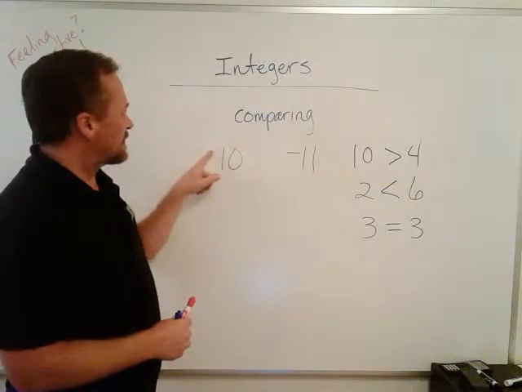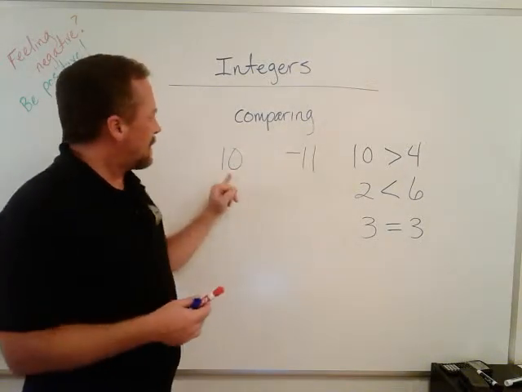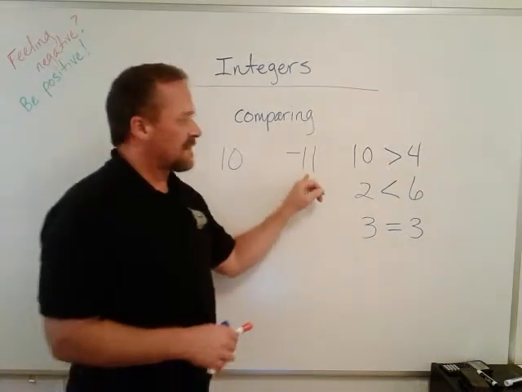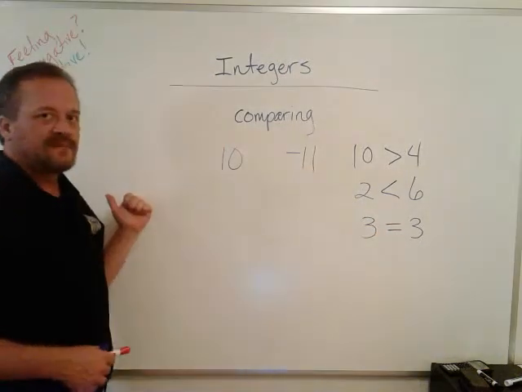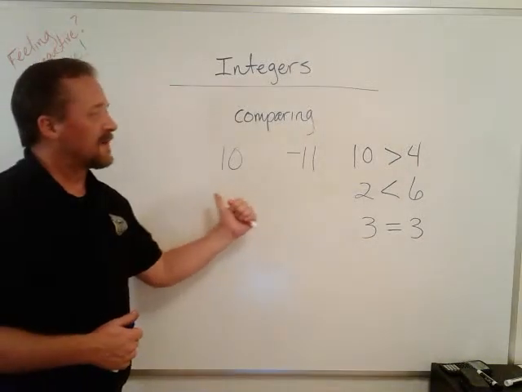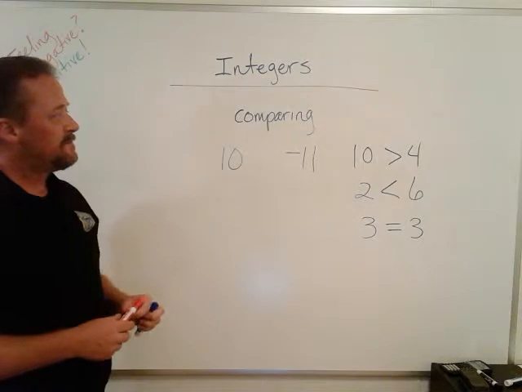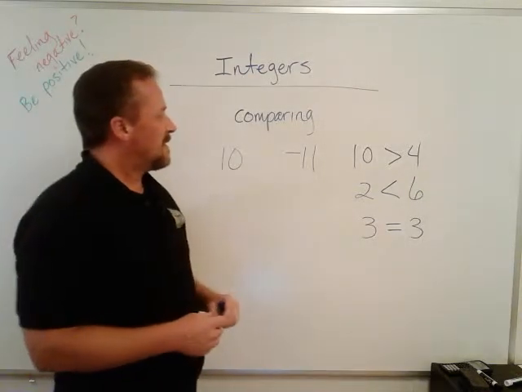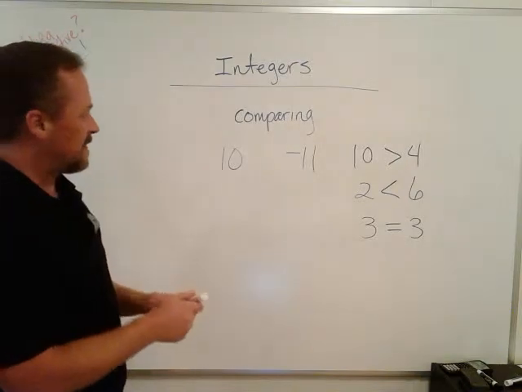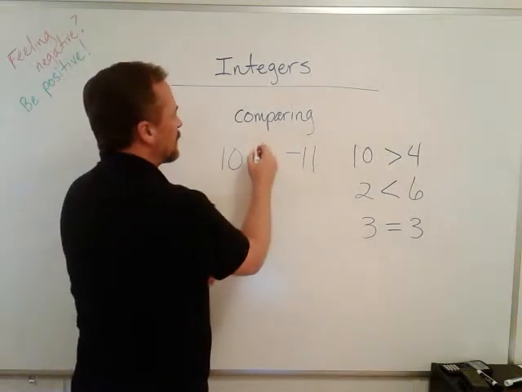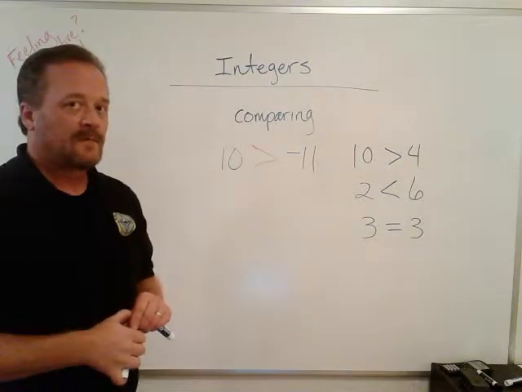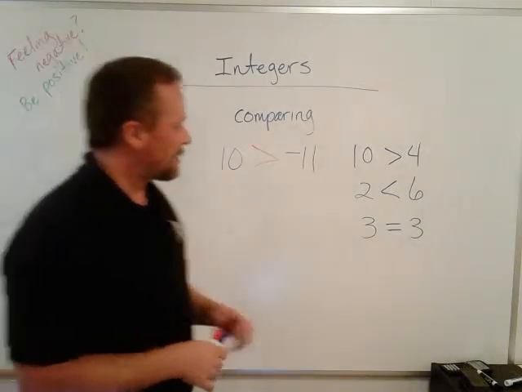I don't actually have the plus sign here, I don't really need it, but I know that's going to the right of 0. -11 is going this way, to the left of 0, in the negative direction, where numbers are getting smaller and smaller. So if I were to put these two on a number line, I would see that 10 is over here, 0 is here, -11 is over here. That means 10 is greater than -11. Okay, think you got that?